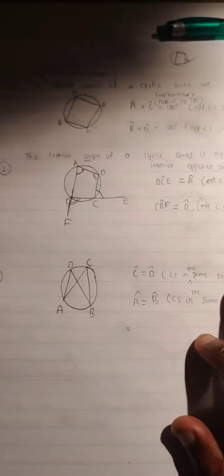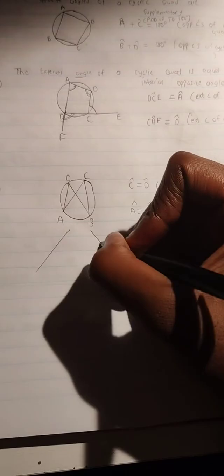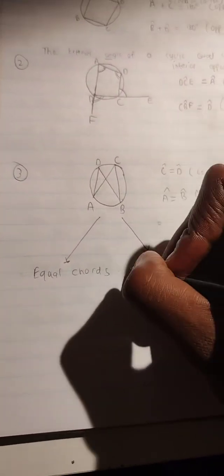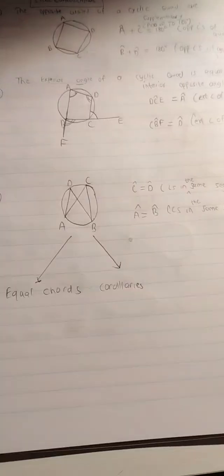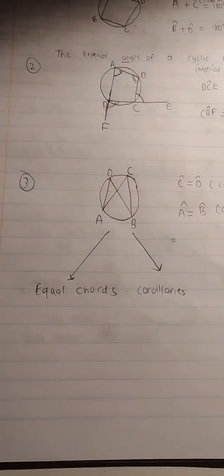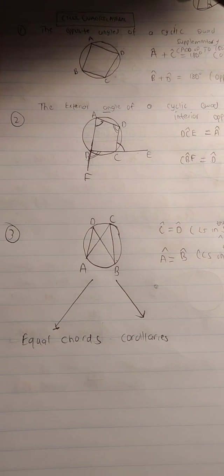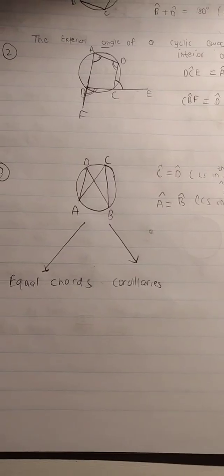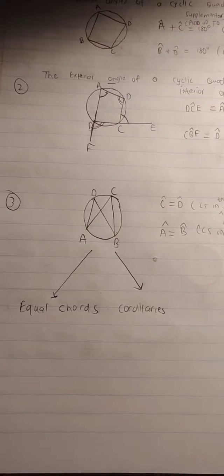Then from the quadrilaterals, we have something that comes out from angles in the same seg, which we call the equal chords corollaries. So you're gonna duly note the equal chords corollaries. Some of you are asking me, what in the world are you talking about now?